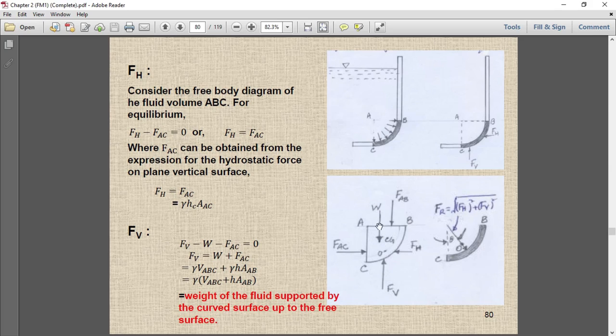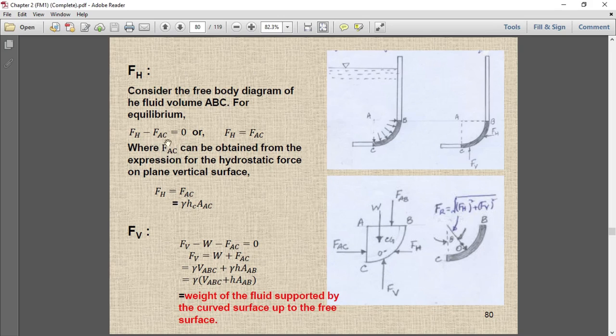So this is a free body diagram. We have mentioned all the forces acting on the plane. Now apply the force balance equation in the horizontal direction and in the vertical direction. In the horizontal direction, FH minus FEC equals 0 because we have only two forces.